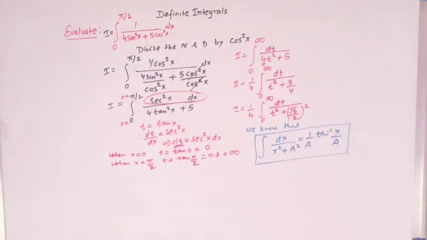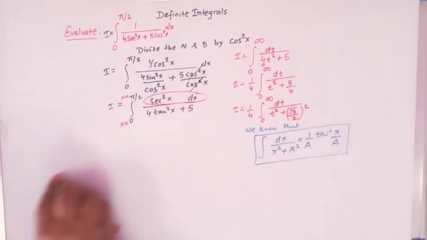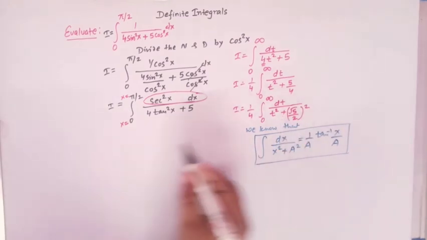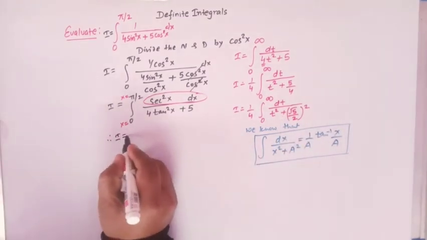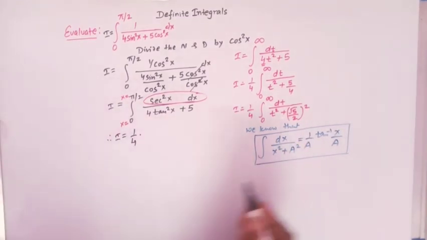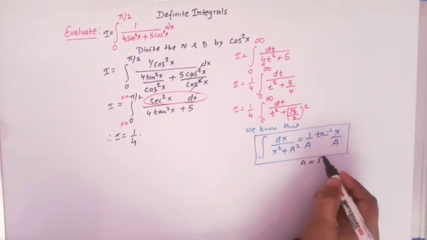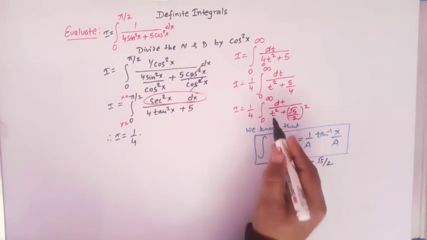So now we have to apply this result to this form, and we have I is equal to 1 over 4, and for a we have root 5 over 2, and for x we have t.